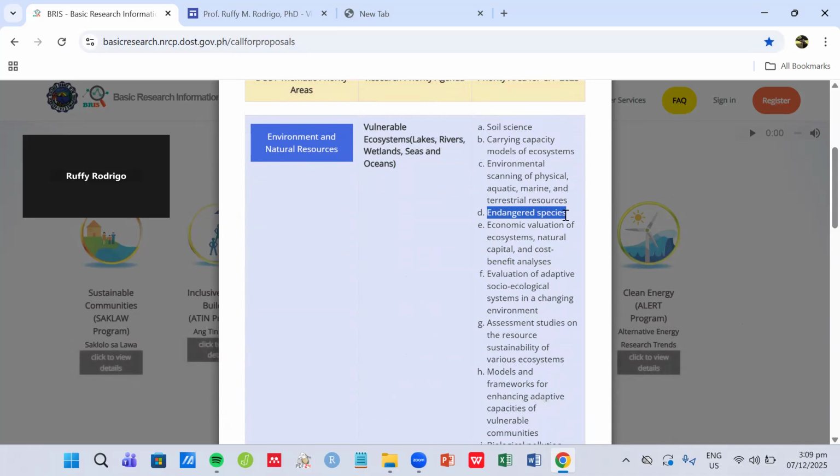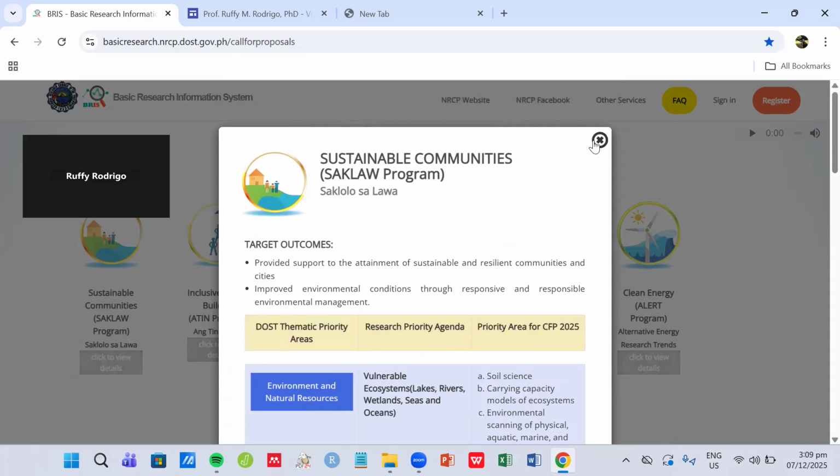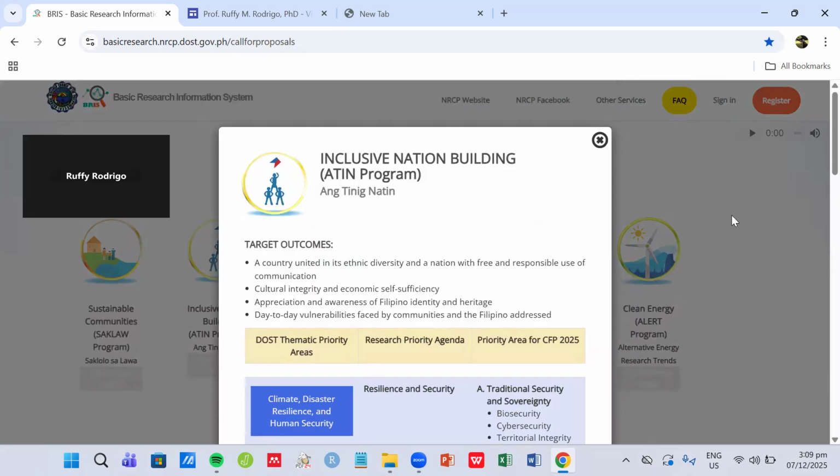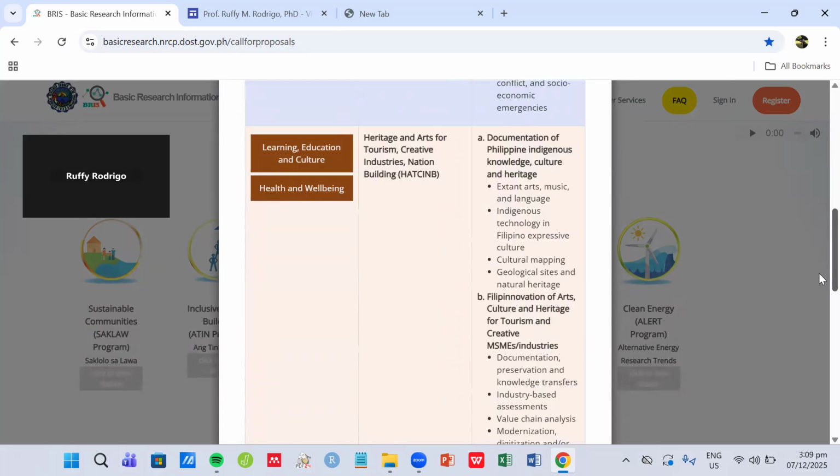I was thinking of working on the Tsuga forest because these species are now declining, and also because I am interested in policy research, I was thinking of doing economic valuation of ecosystems, natural capital, and cost-benefit analysis. There are actually a lot of these priority areas. You just have to click, for example, the ALERT program, and here you can see a lot of the topics.